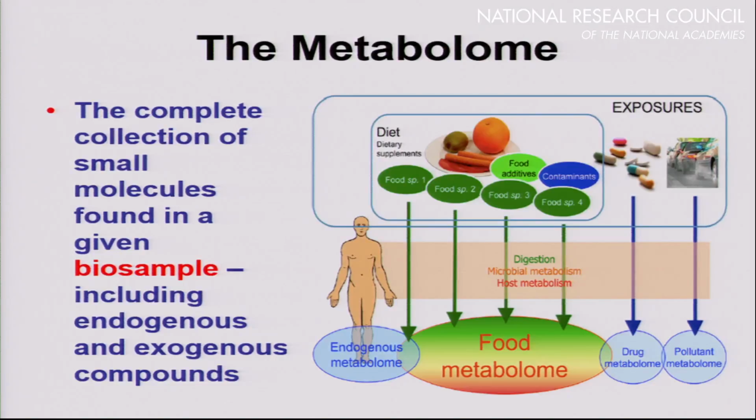This allows us to do anabolism and catabolism. There's the stuff that we eat, that's the food metabolome. And then there's the things that we're exposed to, whether it's pollution or drugs. All of those things that are external actually are processed by us at some level. So digestion may process them, microbes may process them, other tissues may process them. So they alter. So there's the unaltered exposome and then the altered exposome that comes as a consequence of the action of enzymes and microbes.